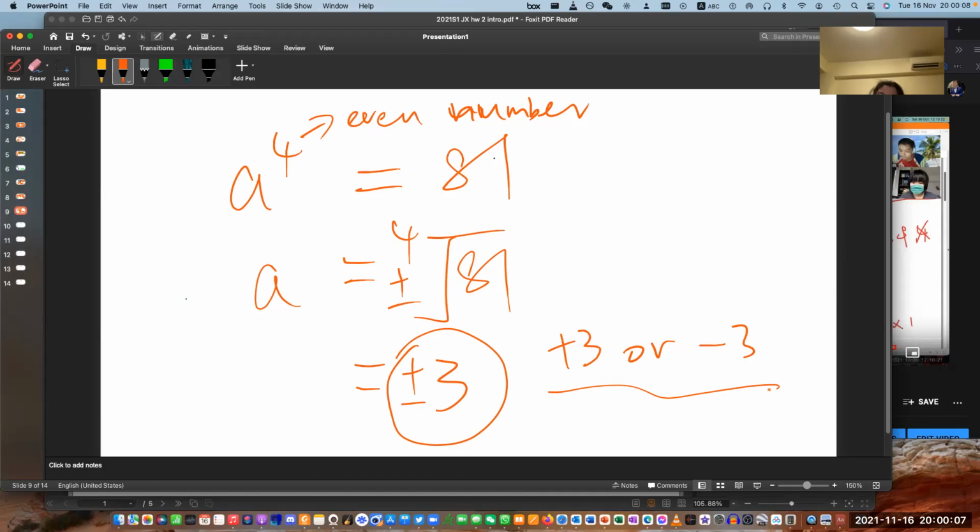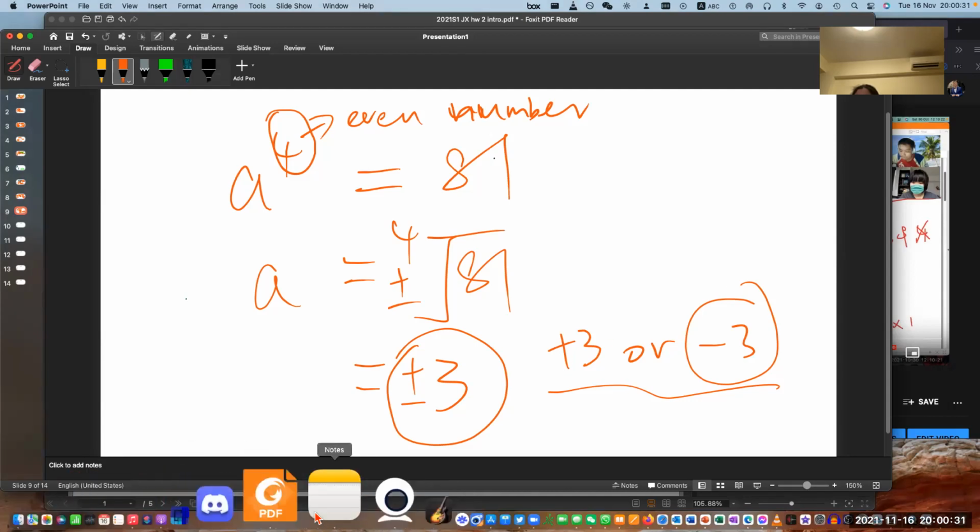Yes. So you are supposed to have 2 answers for even power. A lot of students make this mistake. They get penalized because they miss out the -3, because the calculator only gives you one answer. All right, so let's move on.